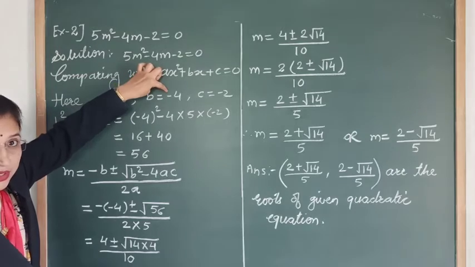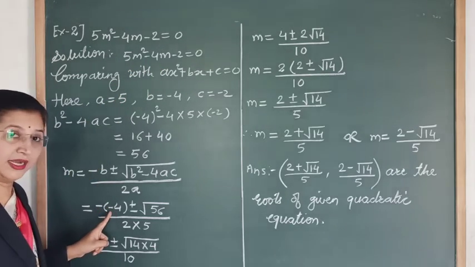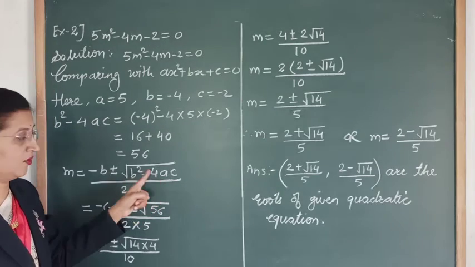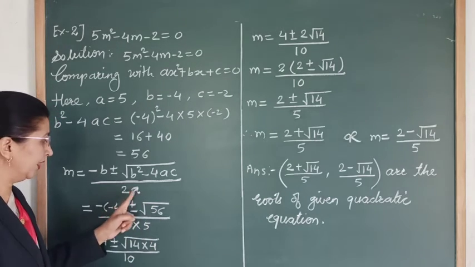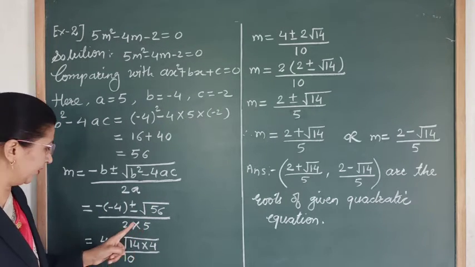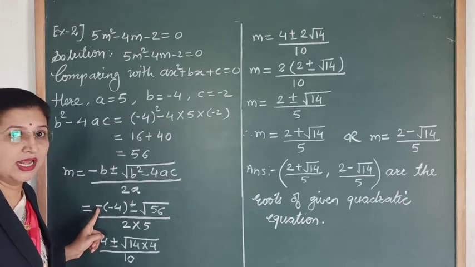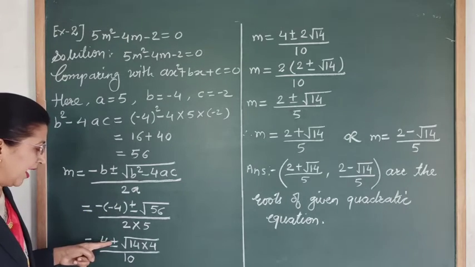Value of b is also negative 4. So we will write that in the bracket. So here negative in bracket negative 4 plus minus, value of this b square minus 4ac is 56. So under root 56 upon 2 into a. A is 5. Okay. Now here outer bracket negative sign is there. So bracket sign will change. So here we get 4 as a positive plus minus.